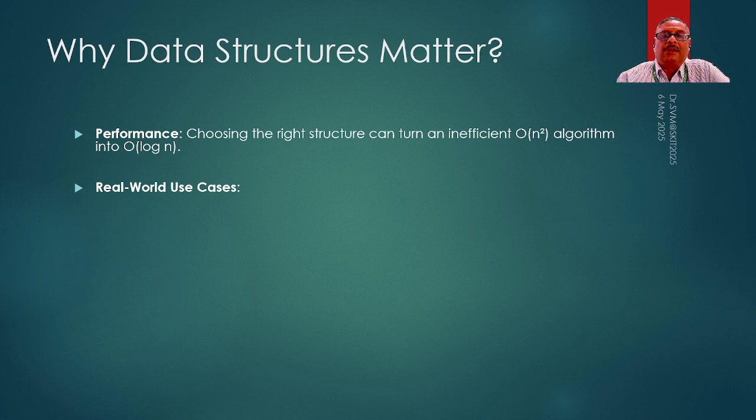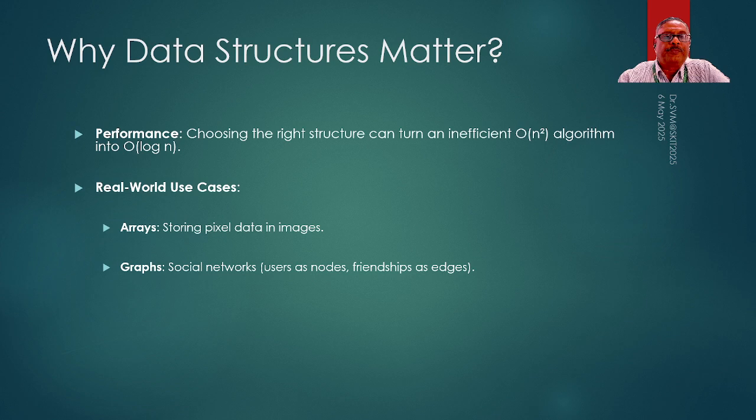Now, coming to real world cases, arrays can be used for storing pixel data in images, so they are stored in array form. Graphs can be used for social network representation, where the users are represented as nodes and friendship among the users as the edges.